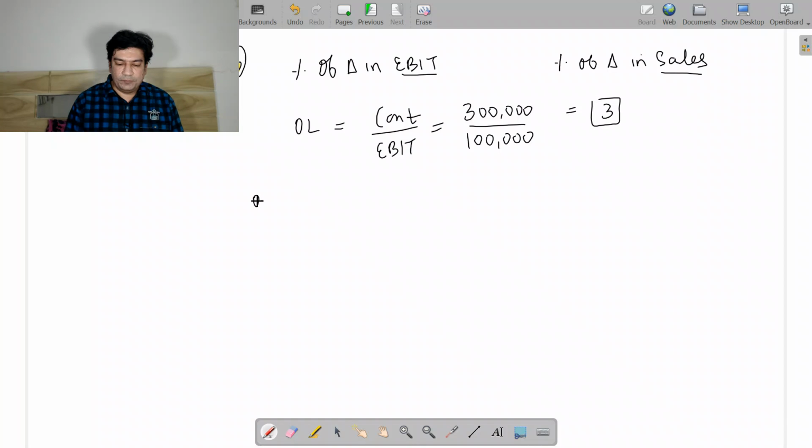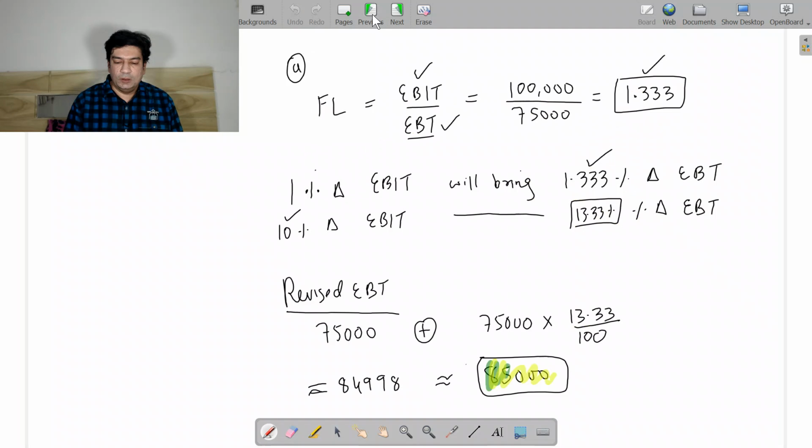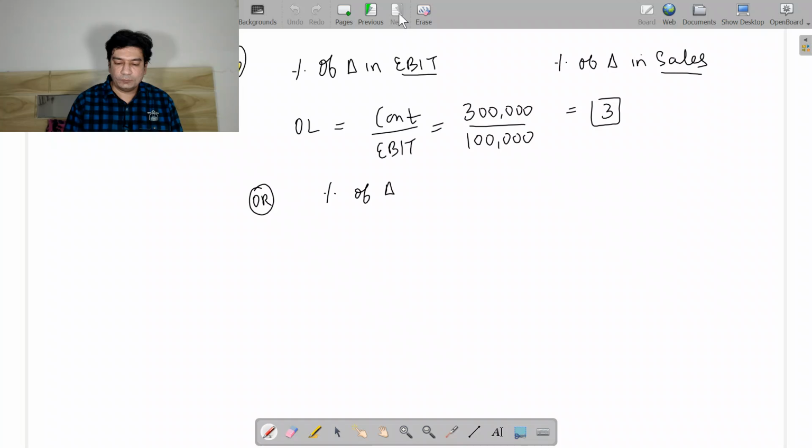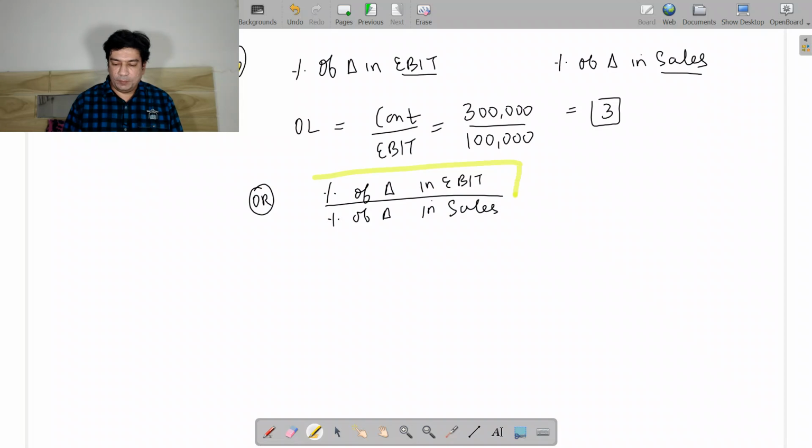Now I am writing the formula, that is percentage of change in EBIT divided by percentage of change in sales. Now I'm going to interpret this formula.